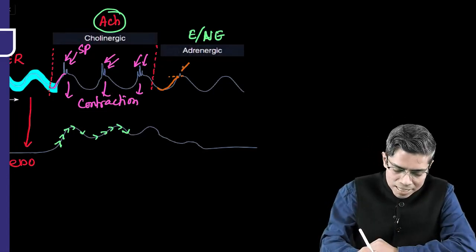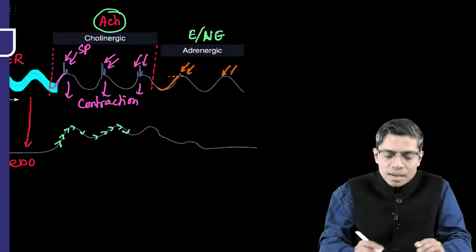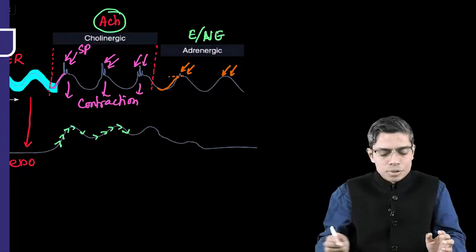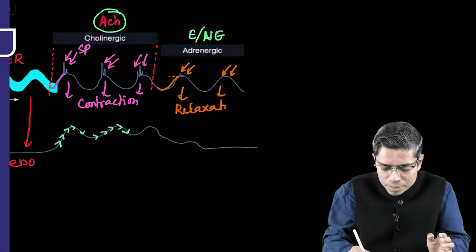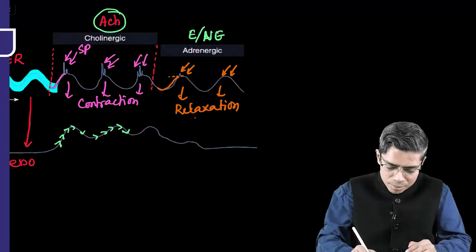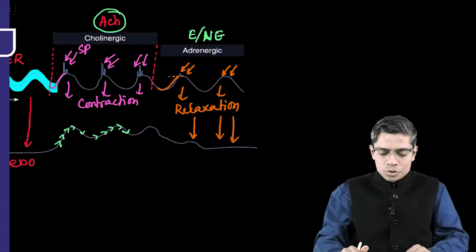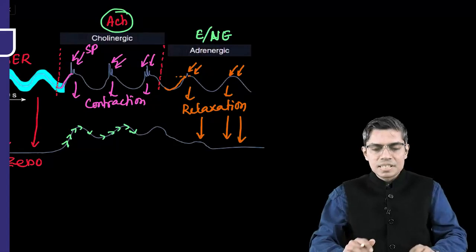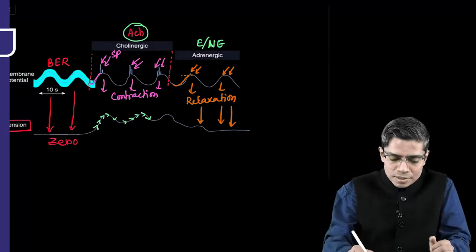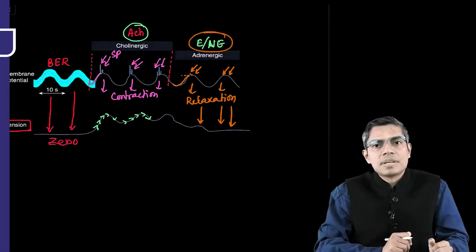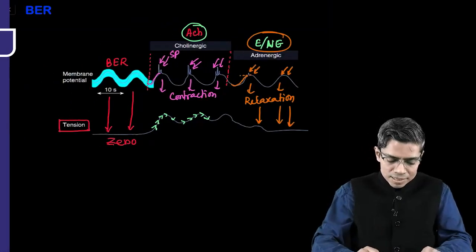So the spike potentials are disappearing, and whenever the spike potentials disappear, there will again be relaxation of the smooth muscle, and relaxation of the smooth muscle means the tension is going to be reduced. So this way you have to remember this curve. This is very important, how the BER is changing in presence of various neurotransmitters, like for example acetylcholine, epinephrine and norepinephrine. Now suppose I have given this graph as an image based question.